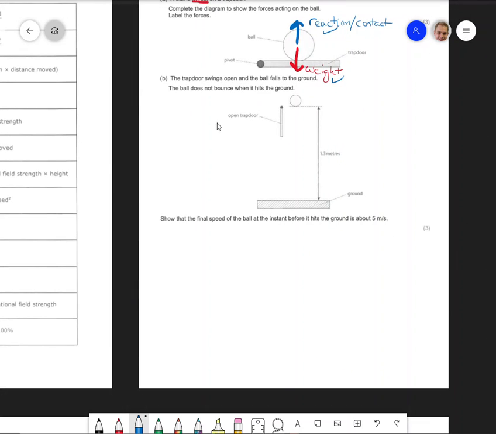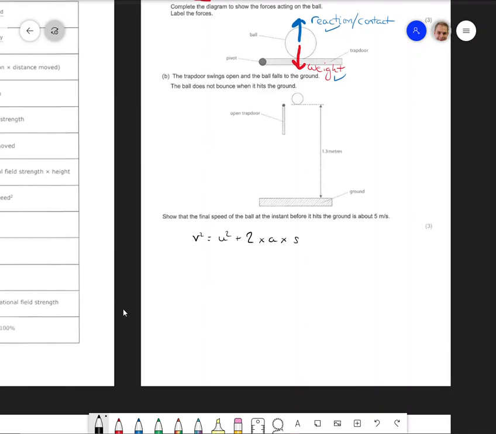Okay, so part B: the trapdoor swings open and the ball falls to the ground. The ball does not bounce when it hits the ground. Show that the final speed of the ball the instant before it hits the ground is about 5 meters per second. So the solution to this one uses the equation you get given, which is v squared equals u squared plus 2 times acceleration times the distance moved.